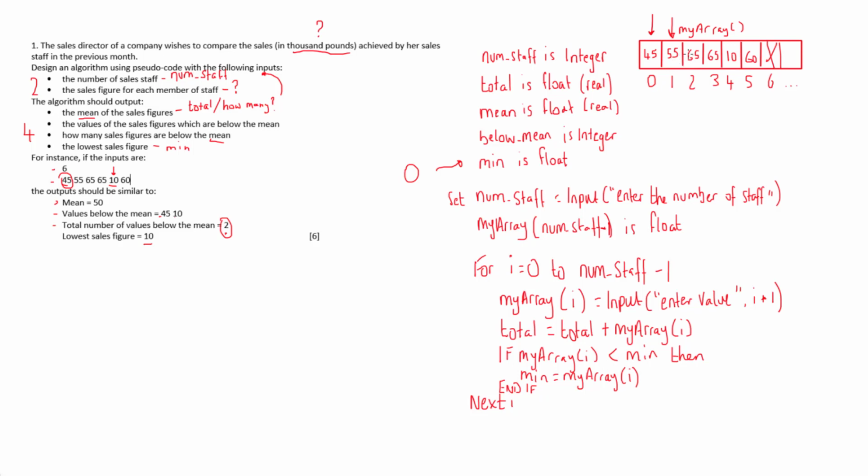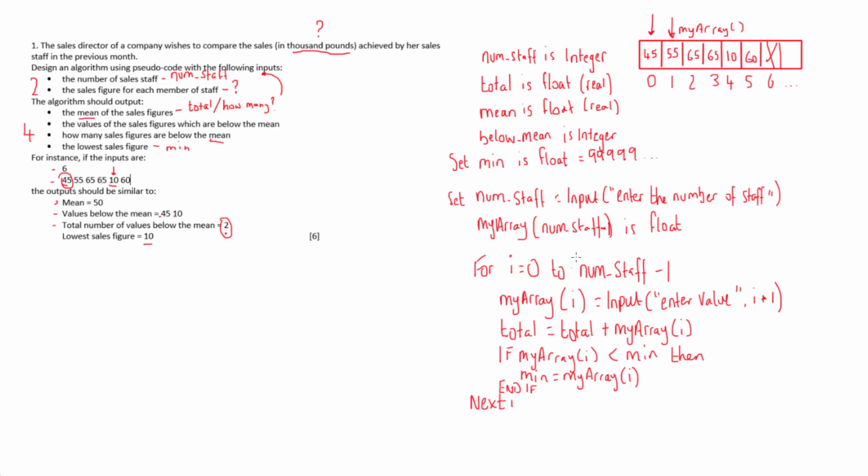No. Is 65 less than 0? No. Is 10 less than 0? Nope. Is 60? No. So there's a problem here. And the easiest way to fix this problem is to initialize it when we declare it. So I'm going to change this variable up here and say set the minimum variable, declare the float, and give it a stupidly high number.